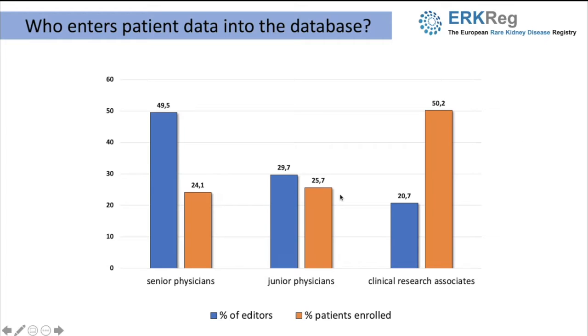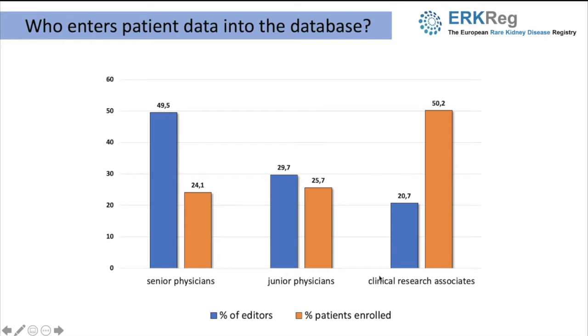Who are these people? Well, according to our records, 50% are senior physicians, 30% are junior physicians, and 20% are clinical research nurses and associates. However, if you look at the number of patients enrolled by these groups, the senior physicians have enrolled just 1/4 of the patients, and so have the junior physicians, and 50% of the patients are actually enrolled or entered by the clinical research associates.